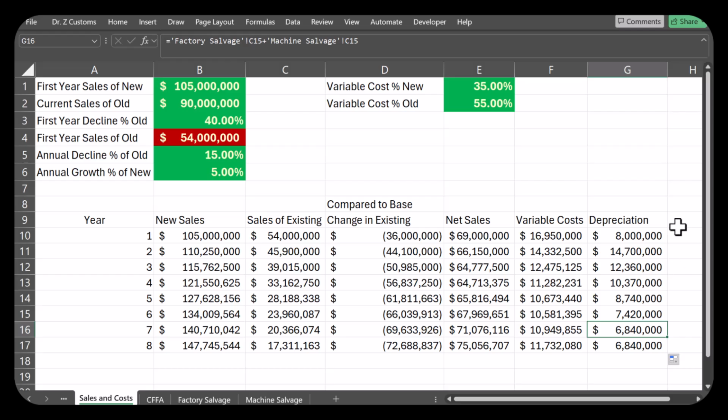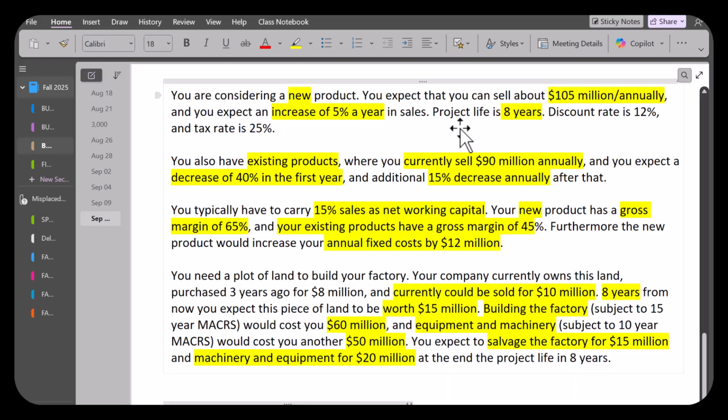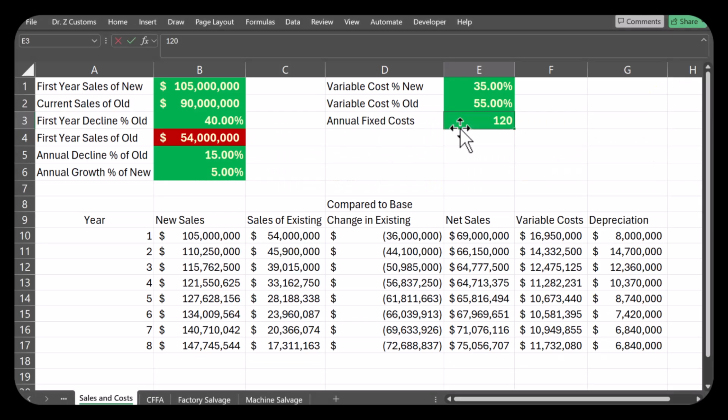Let me put in one more input for ourselves. Annual fixed cost. All right.